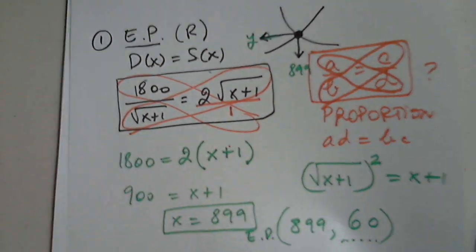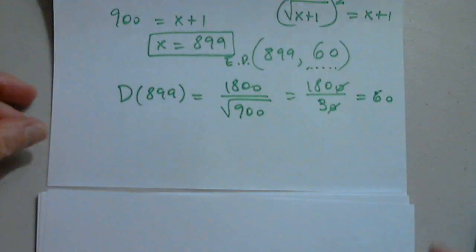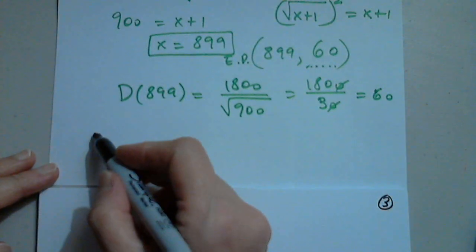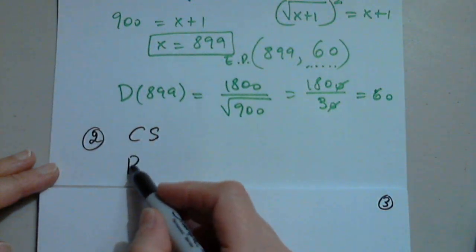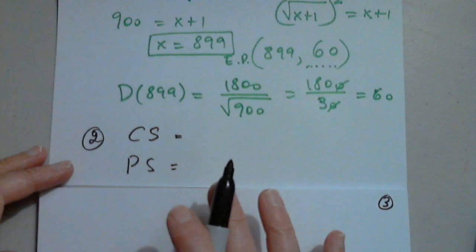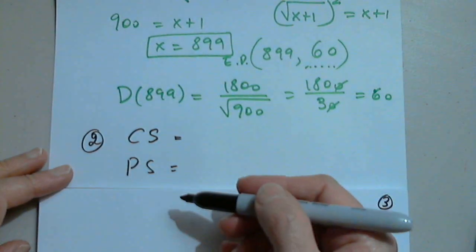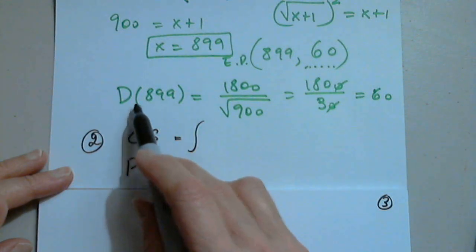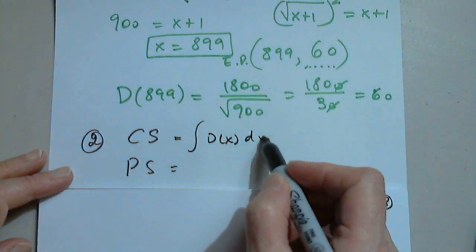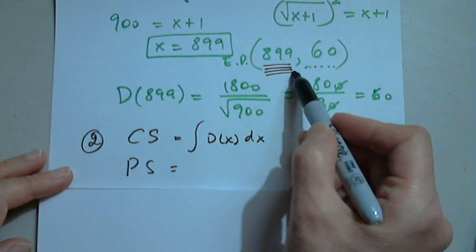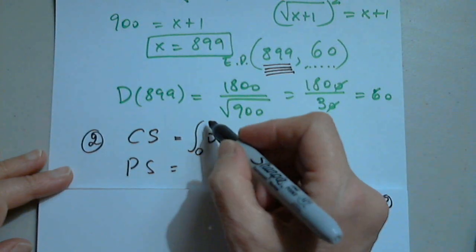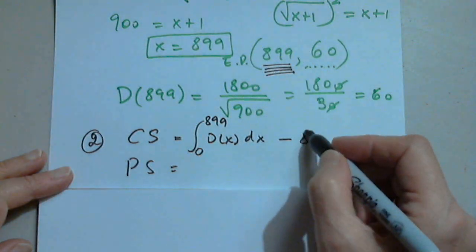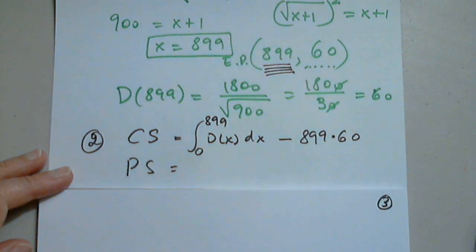Now, in steps number 2 and 3, we are ready to compute the consumer surplus and the producer surplus. It's a good idea to write them together so you have them in front of you. The first one is the integral of d of x dx from 0 to 899, minus the area of this rectangle, 899 multiplied by 60.